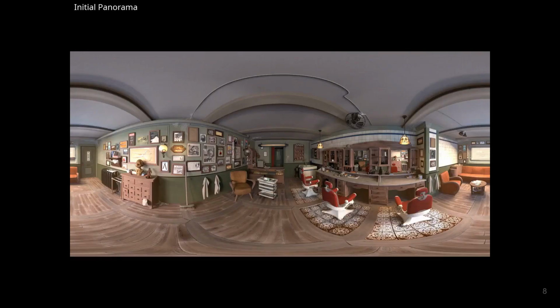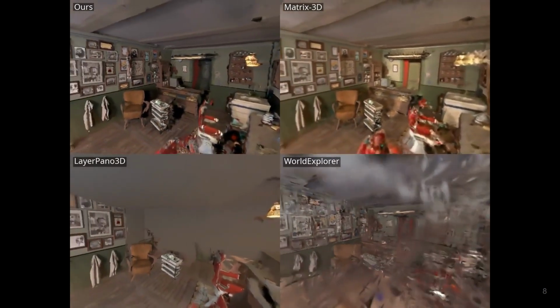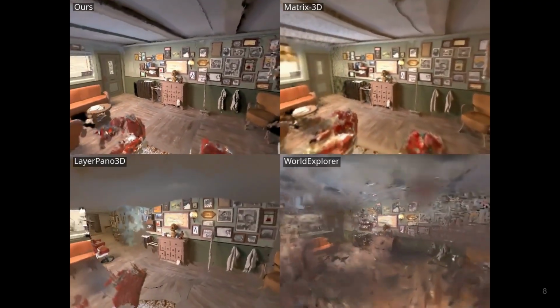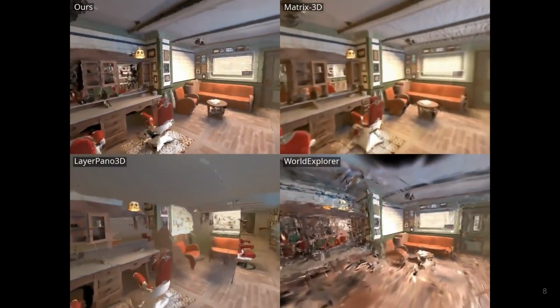So now let's check out some real 3D results. Here, starting from this initial panorama, we compare all 3 baselines against our method. Our approach produces a really high quality 3D scene with consistent geometry and a lot of details. Matrix 3D also gives a very consistent scene.